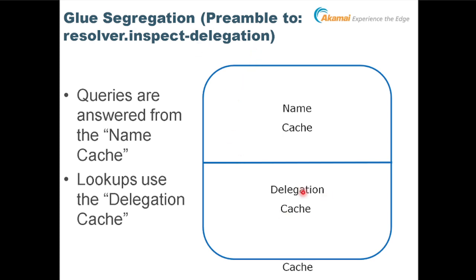It's a different type of data. In some ways, it's less trustworthy, this delegation data. Obviously, CacheServe has to use it. Any name server has to use this information in order to make progress in a resolution. It has to be able to get a referral from one authoritative server and then use that to talk to a second authoritative server.